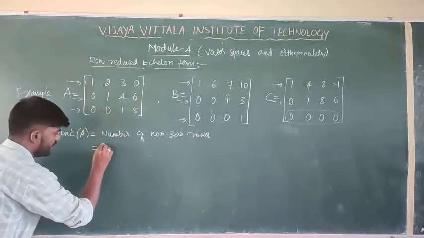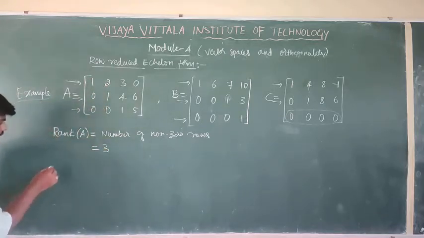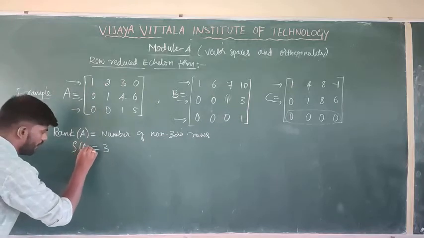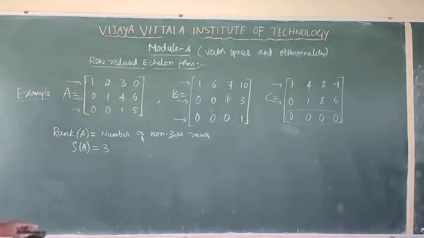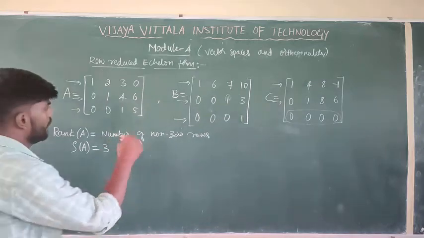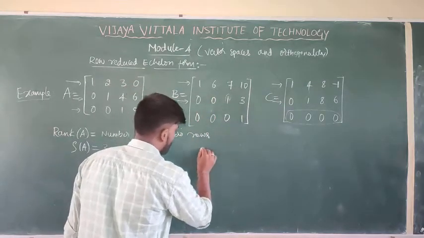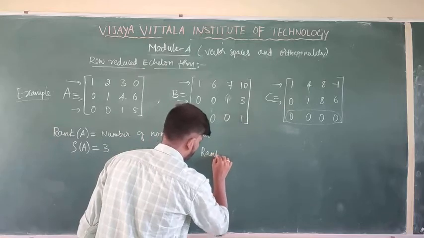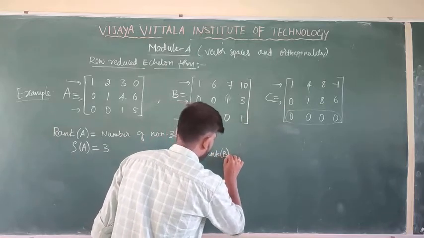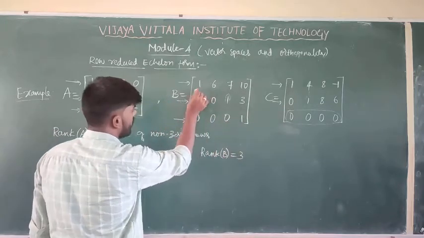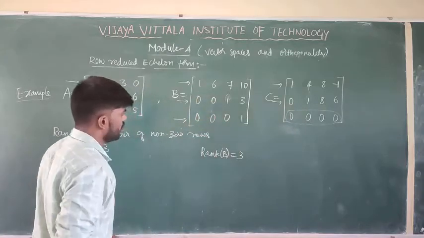Therefore, the rank is 3. Rank is denoted by rho of A. In this matrix, the rank of B is 3 because there are 3 non-zero rows.